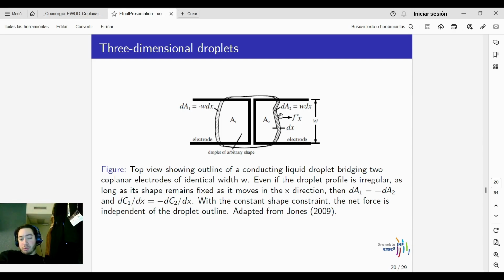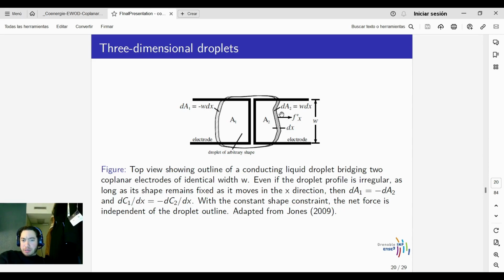As we see in the figure, this is a top view of the droplet, and we're going to assume the case where the displacement is in the x direction. We can consider the deformation, which is going to be in the horizontal direction.